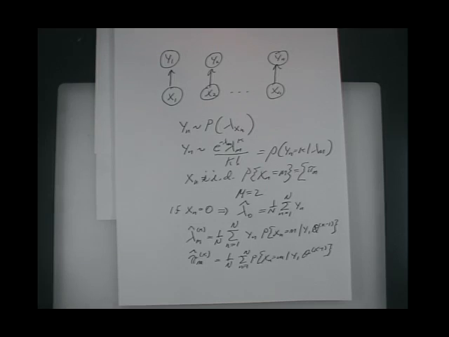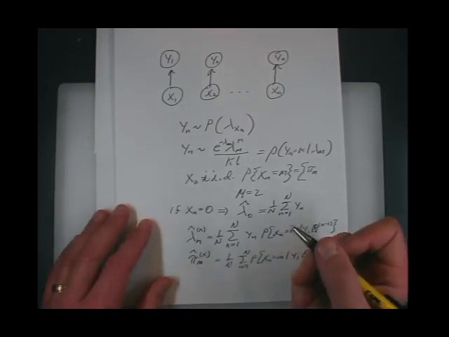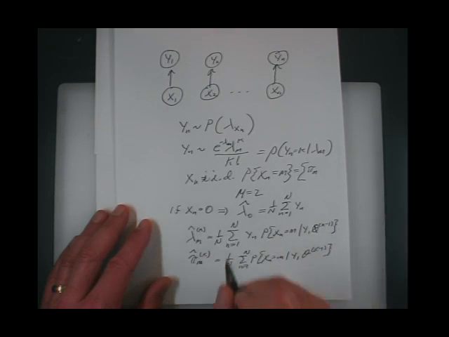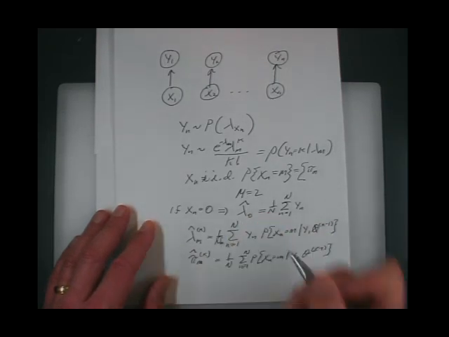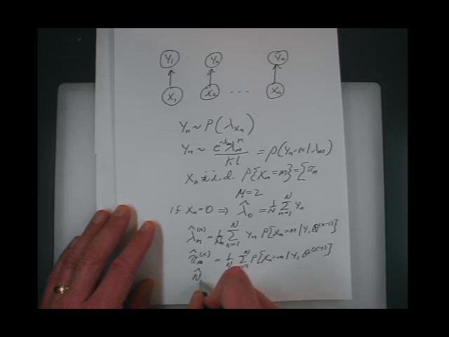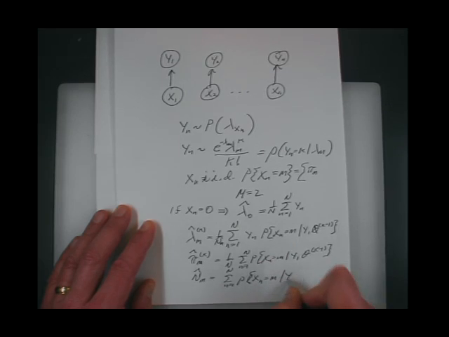Yes, this should be n. Thank goodness someone's actually paying attention. So that should be n hat m, and n hat m should be the sum from n equals 1 to n of the probability that xn equals m given y and theta k minus 1.